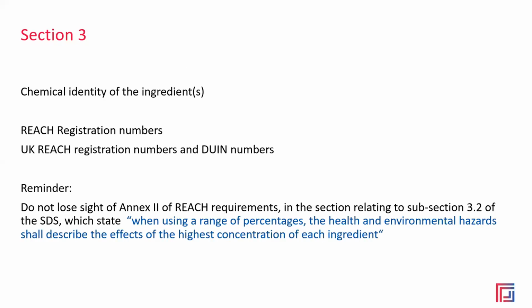Regarding Section 3, I said already that product identifiers need to be listed in English. If you have assigned a UFI number or later will be assigned a UK REACH registration number, this is required to be stated also in Section 3 of the SDS.